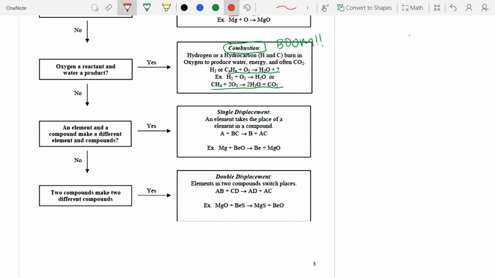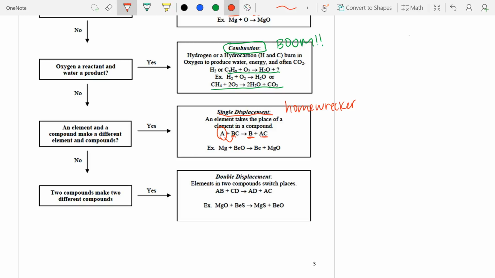And if it's not combustion, we come down to single displacement and double displacement. If you have an element and a compound that have switched places, we call this single displacement. My little indicator for this is I call this the Homewrecker. This is because you have an element that comes in and breaks up this couple, and now B is all by itself, and AC is the new couple. So A is a little homewrecker that came in and broke up the couple.